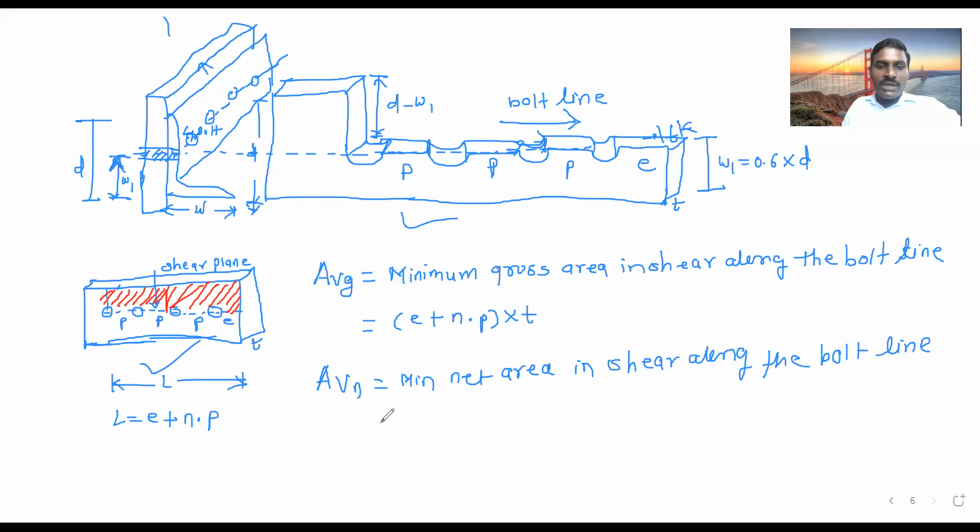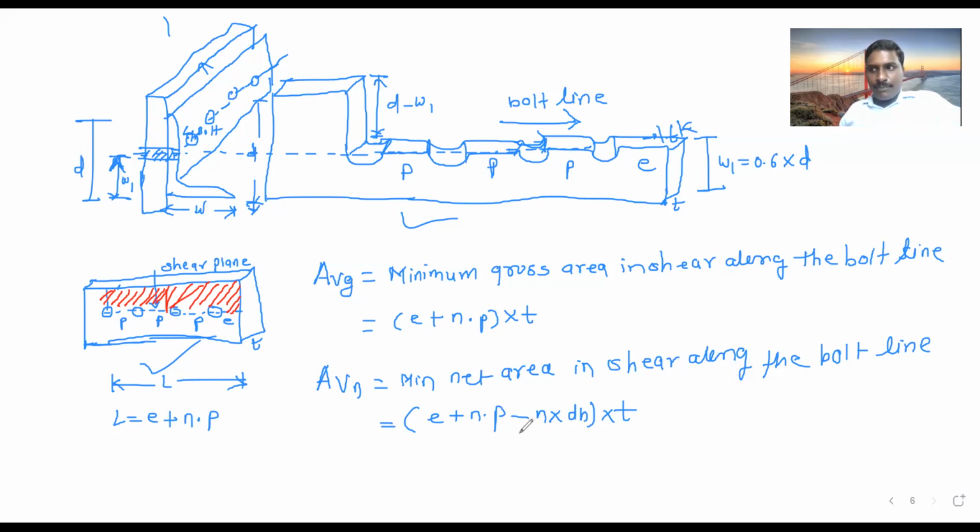Now we have to calculate the net area. (e plus n into p) This is your gross area. And from this gross area, we have to deduct the holes.